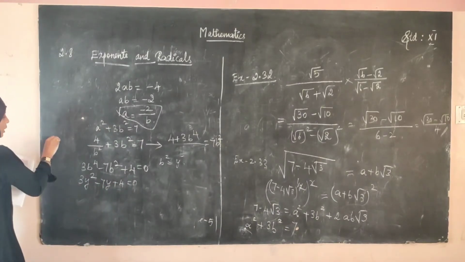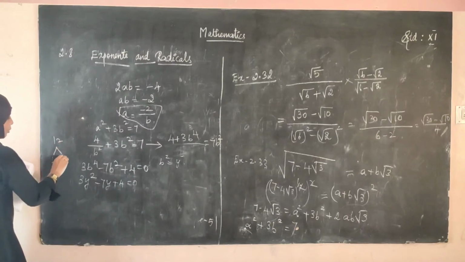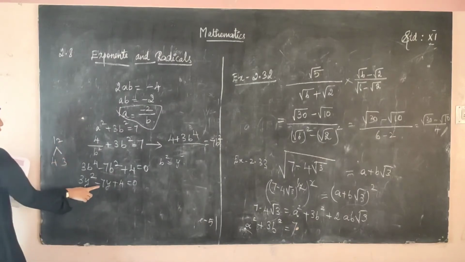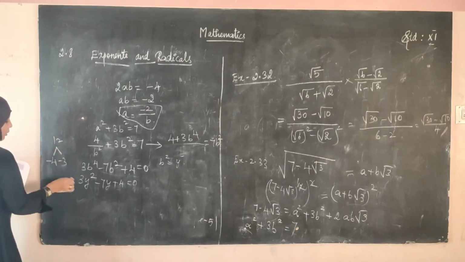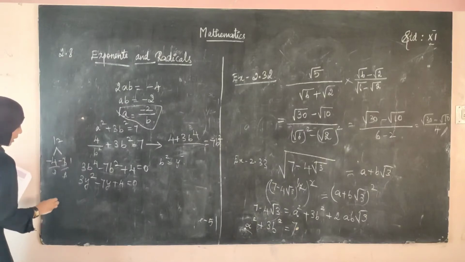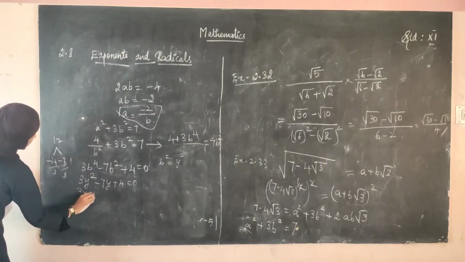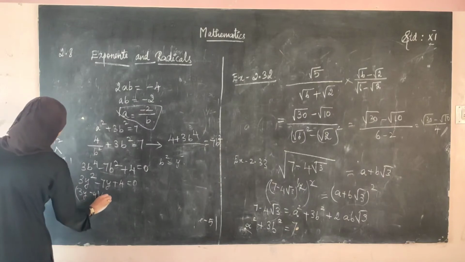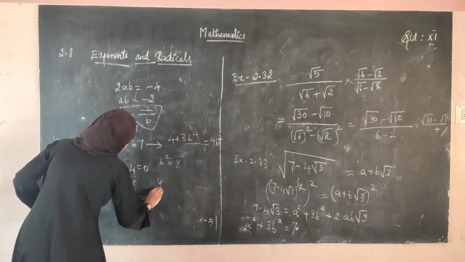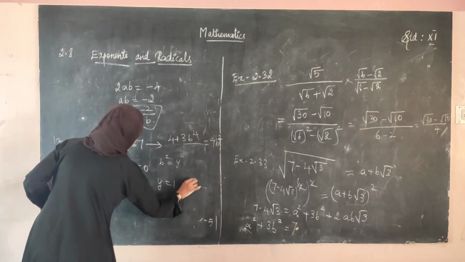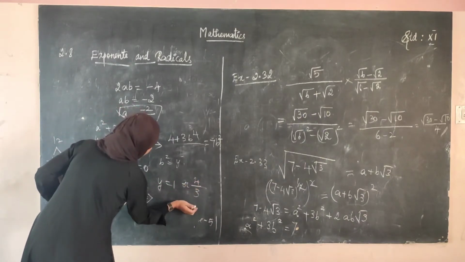4 into 3 is 12. It should be minus 7 while adding, so minus 7. While multiplying, minus into minus becomes plus, 4 into 3 is 12. So here we have 3y minus 4 into y minus 1 equal to 0. What are the values? y will be equal to 1 or 4 divided by 3.